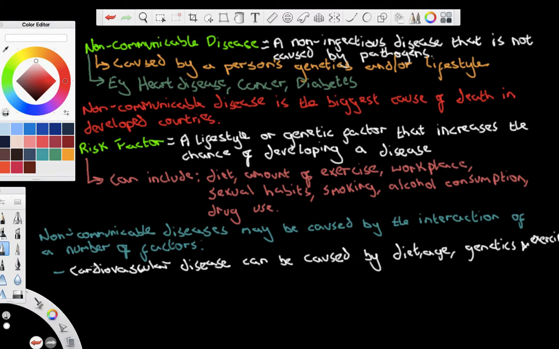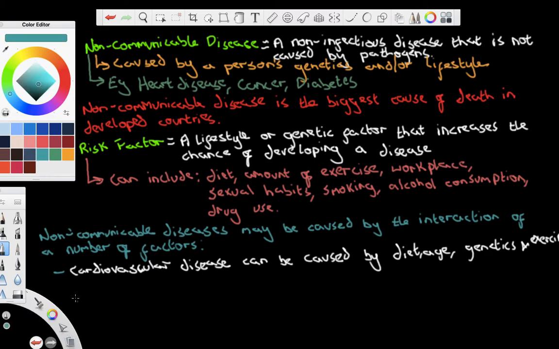So, just to be clear, that cardiovascular disease can be caused by having a poor diet, being very old, having poor genetics, and a lack of exercise. Okay? Lung disease can be caused by things such as smoking and the cleanliness of the air around you.